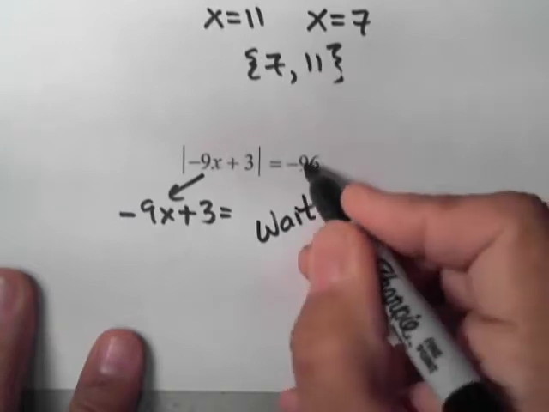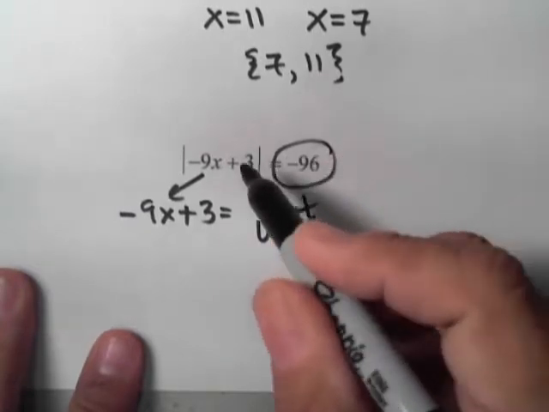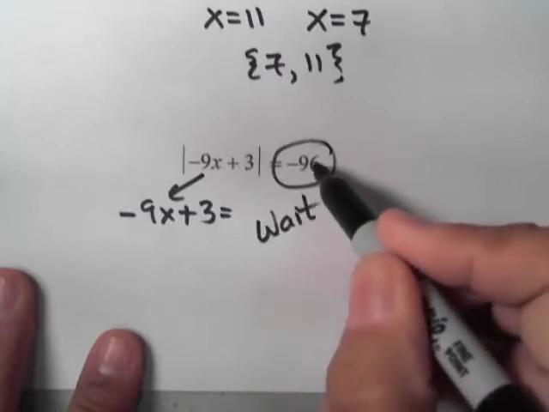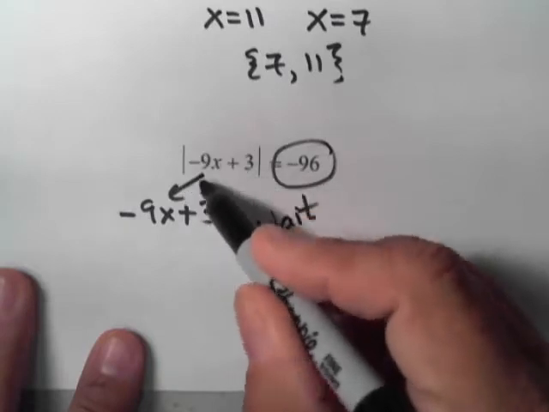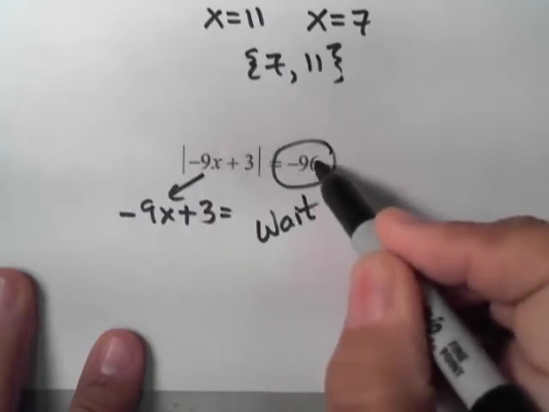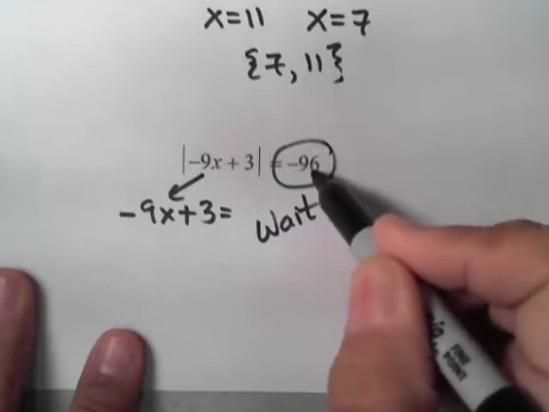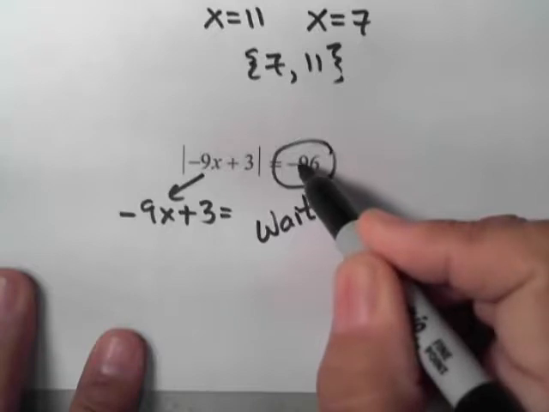Okay, notice this. We've got a negative value here. Can an absolute value ever equal something negative? The answer to an absolute value always has to be positive. The lowest it can be is 0, but it can't be negative.